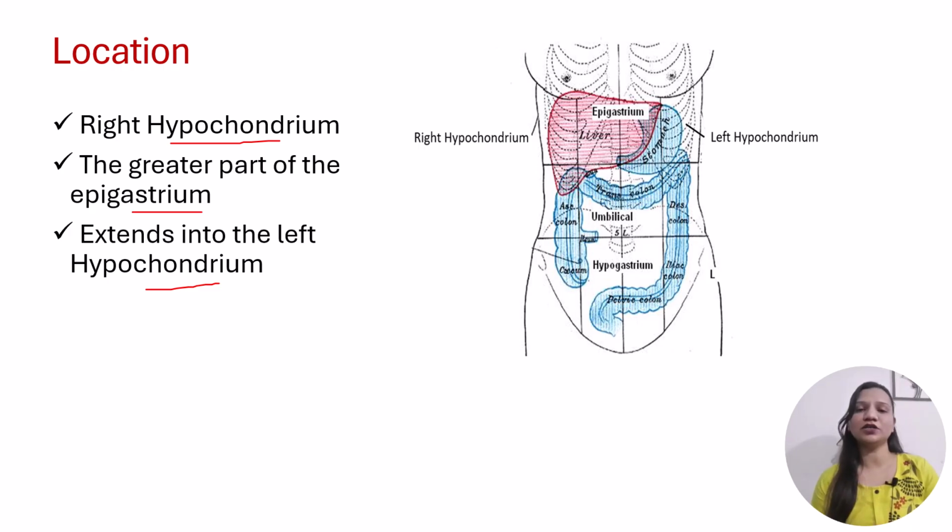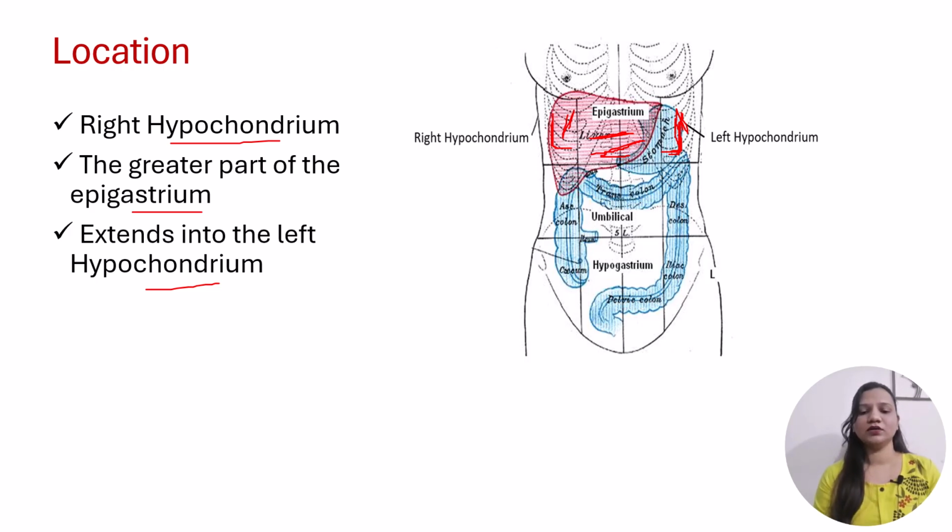In the 9 regions of the abdomen, as you can appreciate here in this picture, this region is the right hypochondrium, this is the epigastrium, and this region is the left hypochondrium. So the liver is located in these 3 regions, as a small part of the liver extends into the left hypochondrium.